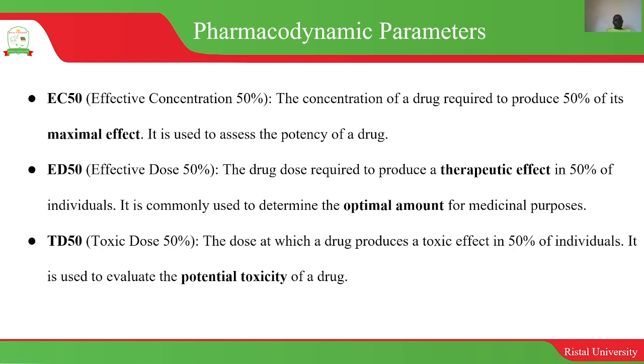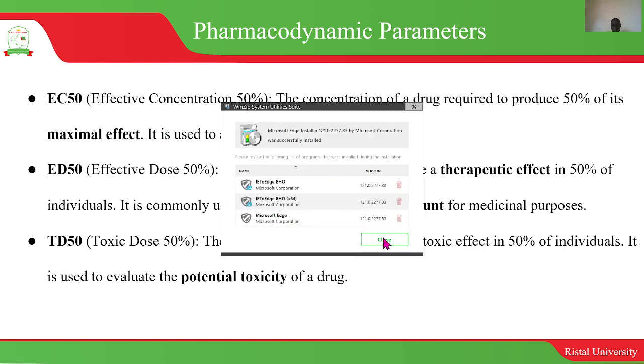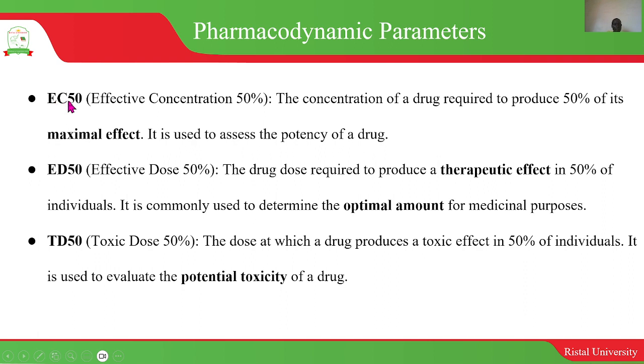Pharmacodynamic parameters, we are still continuing. This slide explains already what I've talked about in that graph. The EC50, which is the effective concentration at 50%, is the concentration of the drug required to produce 50% of its maximal effect and is used to assess the potency of the drug.